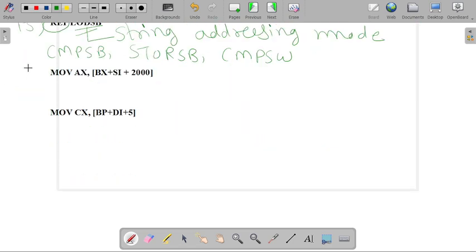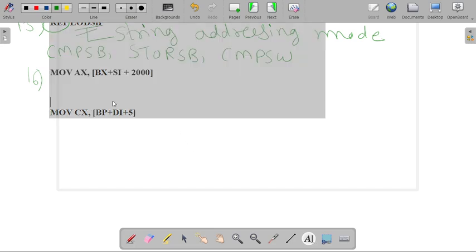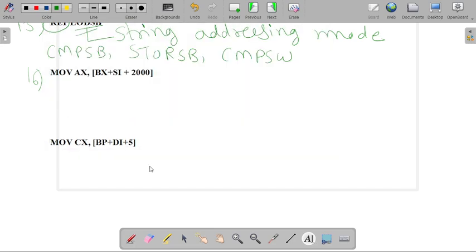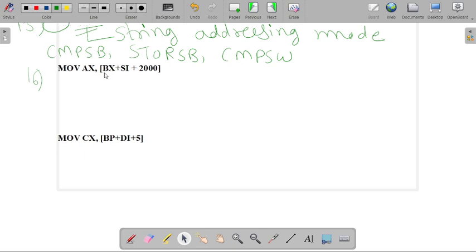Now the next example is MOV X comma BX plus SI plus 2000. So here also we have to check the base register as well as the index register. In this example, BX is our base register, SI is our index register. So I'm writing here base index. But here 2008 is the memory location that is added to SI and the BX register.